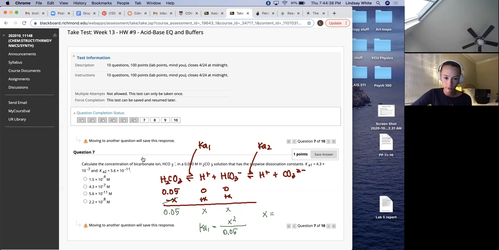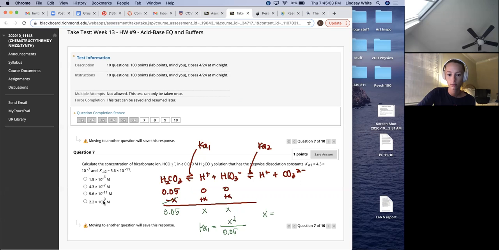Okay. I got 2.2 times 10 to the negative 8th. Well, am I doing something wrong?